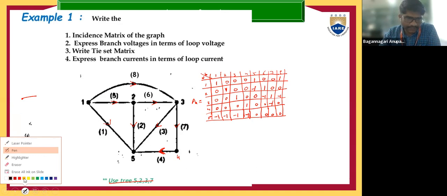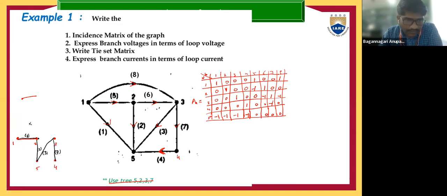Let me take this. A branch is missing here, so I fill it with a link, which is number 6. Similarly, we are missing a branch here, so I fill it with a link. This is 4.